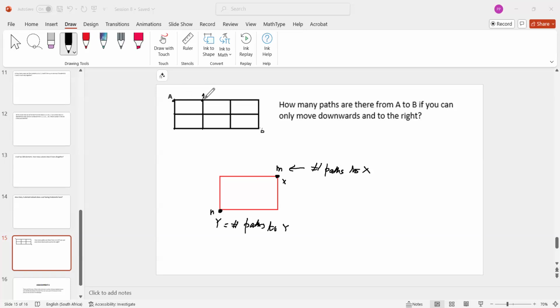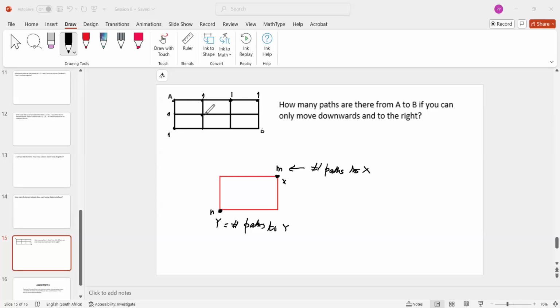I can only go that way. I can't go down and come up again. I'm not allowed to do that. So there's only one way to get here. Even here too, there's only one way. And even here, there's only one way. And if you go down also, there's one way here. So these numbers tell you the number of ways in which you can get to this point. But now, suppose I look at this one here.